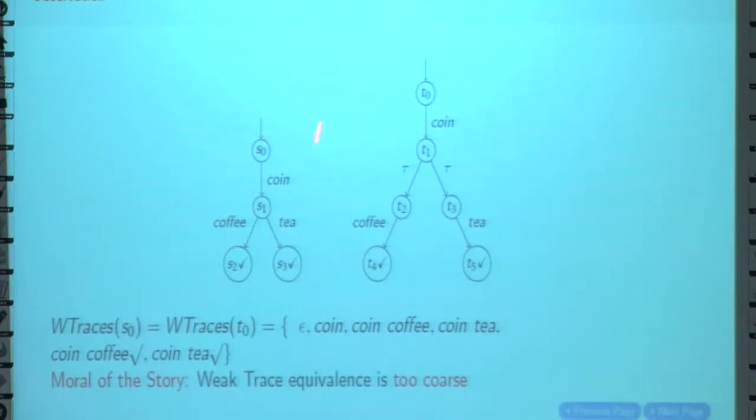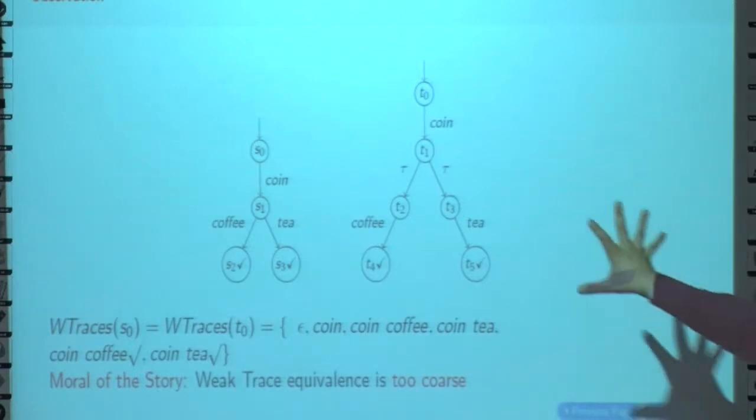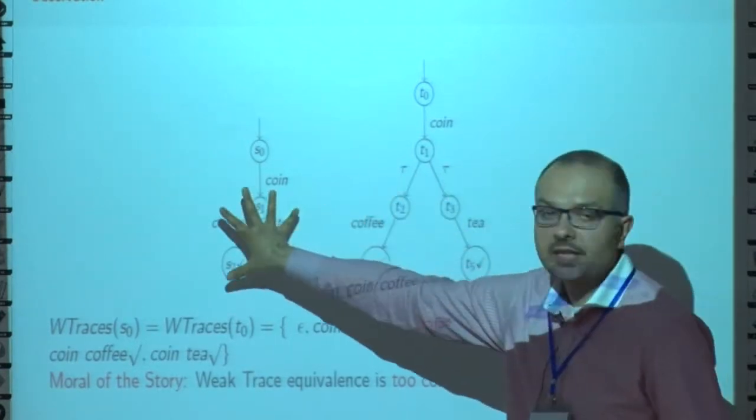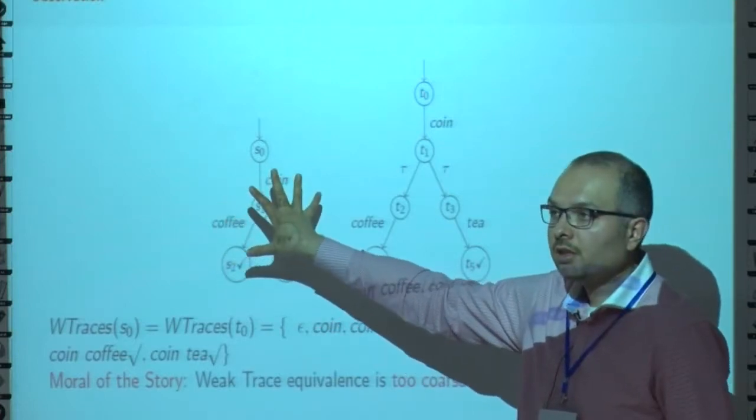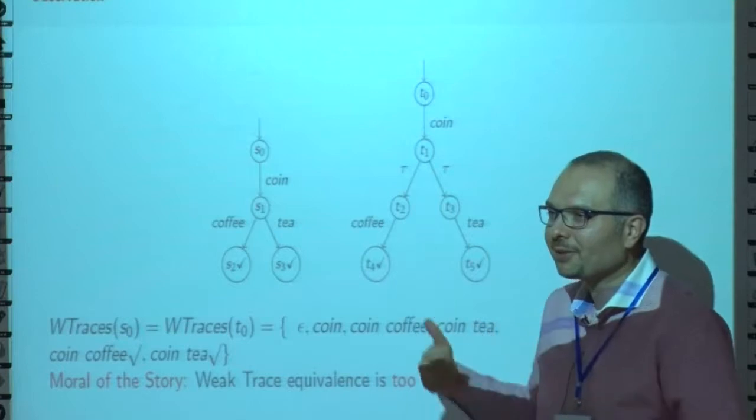But do you think these two should intuitively be equivalent or not? So intuitively, if you are given this as an implementation of this specification, I'm explaining the question again.